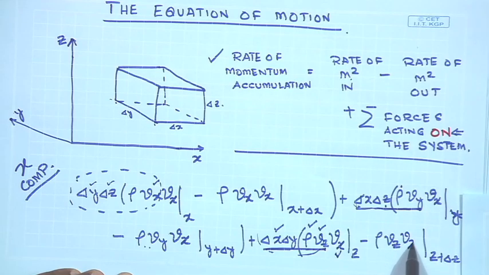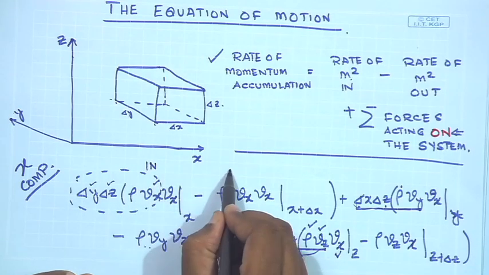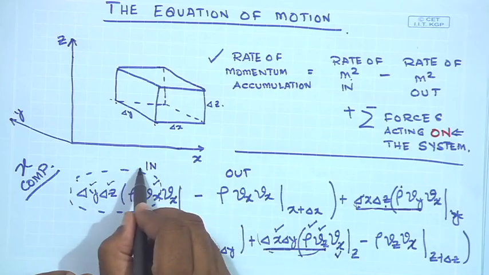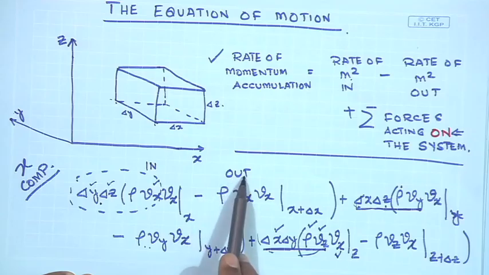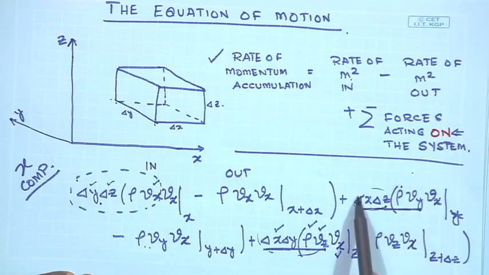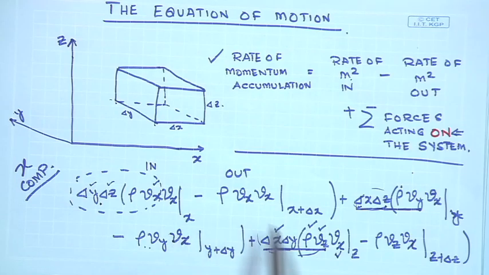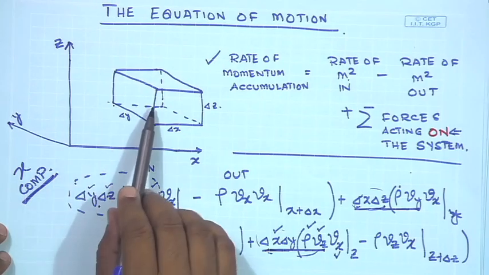Similarly, this is to be multiplied by Vx and evaluated at z plus delta z. So these are all x momentum: in through the x face, out through the x face, in through the y face, out through the y face, in through the z face, out through the z face. These 6 terms tell us the x component contribution of momentum to the control volume.